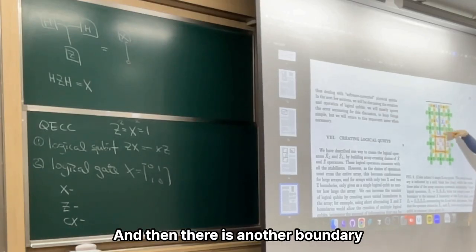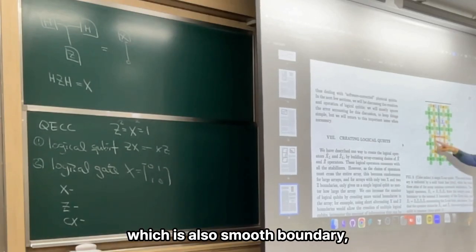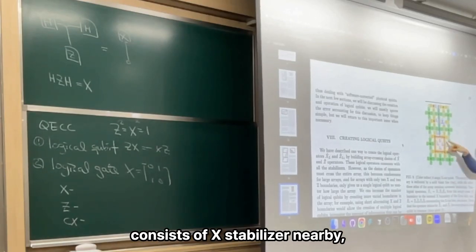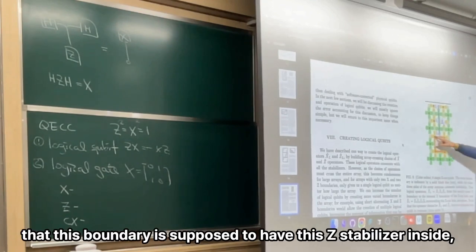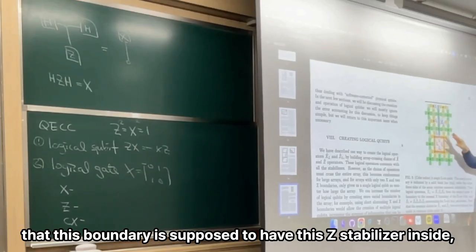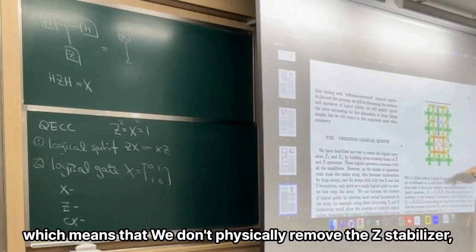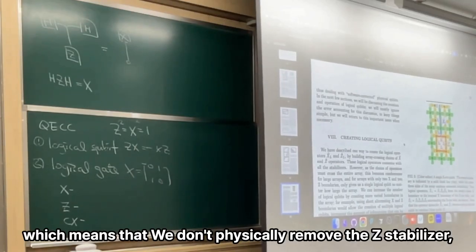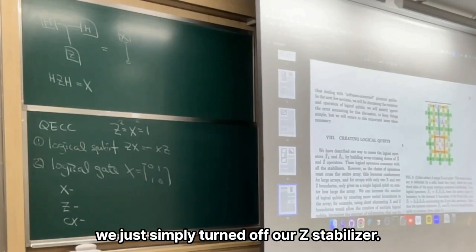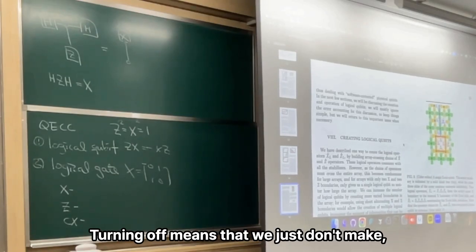And then there is another boundary, which is also a smooth boundary, consisting of X stabilizers nearby. This boundary is supposed to have a Z stabilizer inside, but there's no Z stabilizer, which means that we don't physically remove the Z stabilizer. We just simply turned it off. Turning off means that we just don't take a measurement.